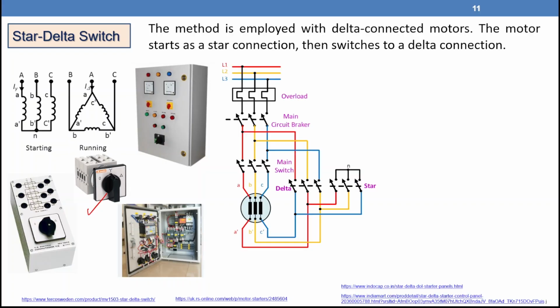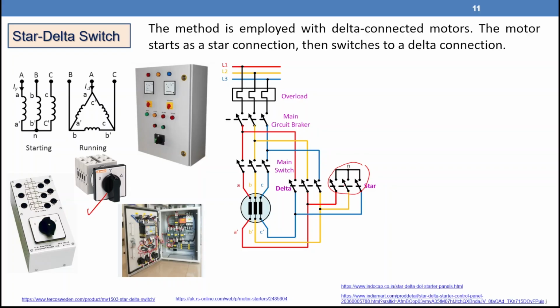So let's look at the wiring diagram here. If we have the lines line 1, line 2, line 3 through overload relay, and then we have a main circuit breaker, so we have the main switch. The main switch is connected to the motor terminals A, B, C. If A dash, B dash, C dash are connected together through this switch, we are going to have a neutral point and the machine will start as a star connection.